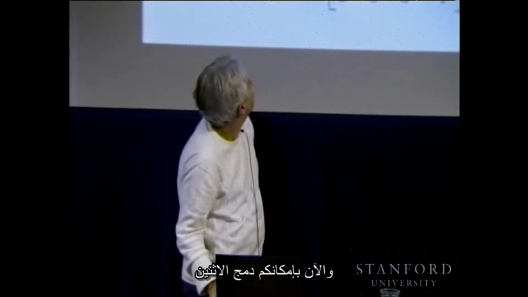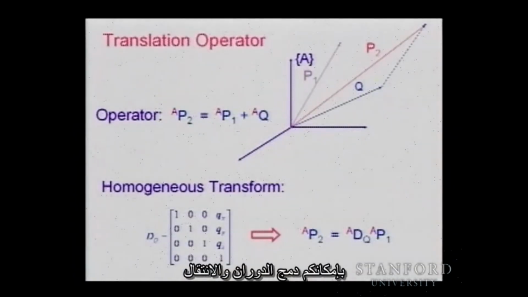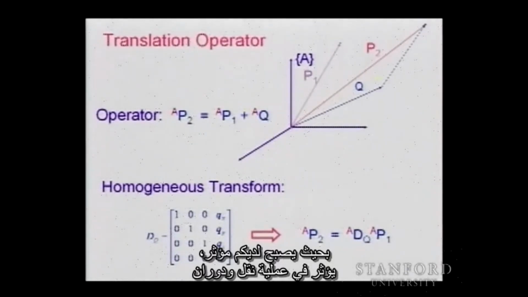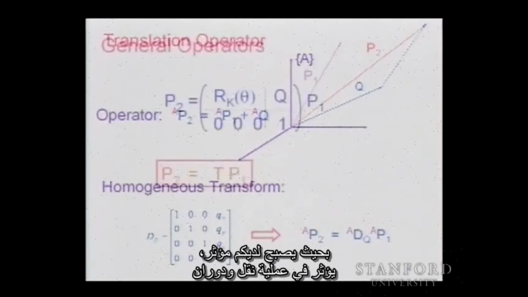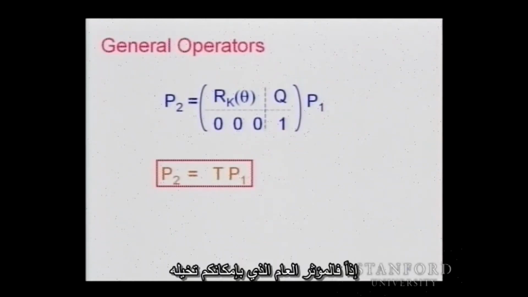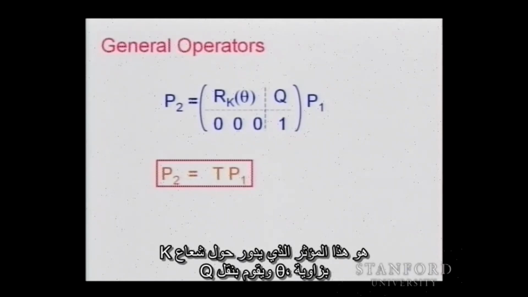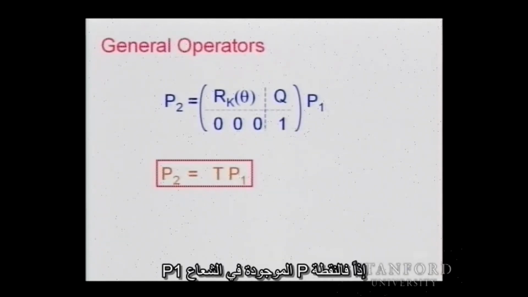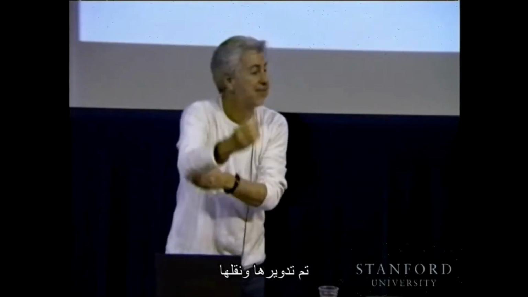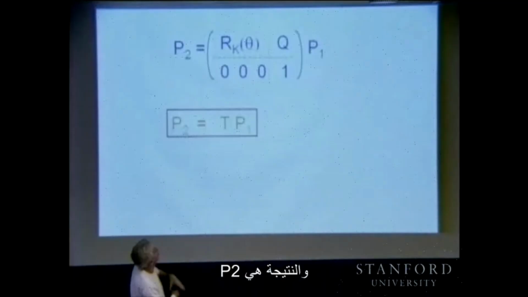And now you can combine the two. You can combine the rotation and translation, so you could have an operator operating by translating and rotating. So the general operator that you can imagine is this operator rotating about some vector k with some angle theta and translating by q. So the point P, which was P1, is now rotated and translated. And the result is P2.